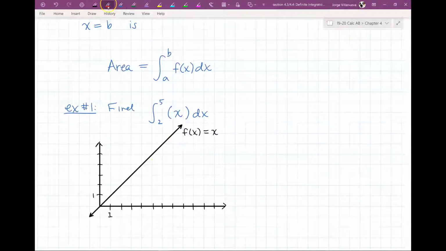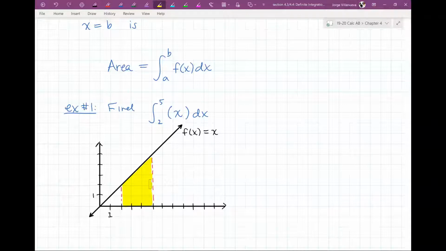So let me draw that in red here. x equal to 2 and x equal to 5. So here's the area they're talking about. This is my integral. So they're saying if you're going to integrate, it's the same as finding that area.